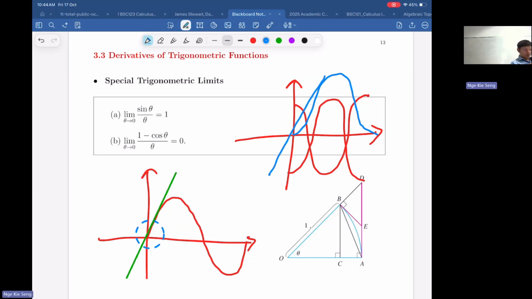And then you compare with theta as well. But you get 0 in this case. I think getting 0 makes sense, right? Because the numerator is going to 0.